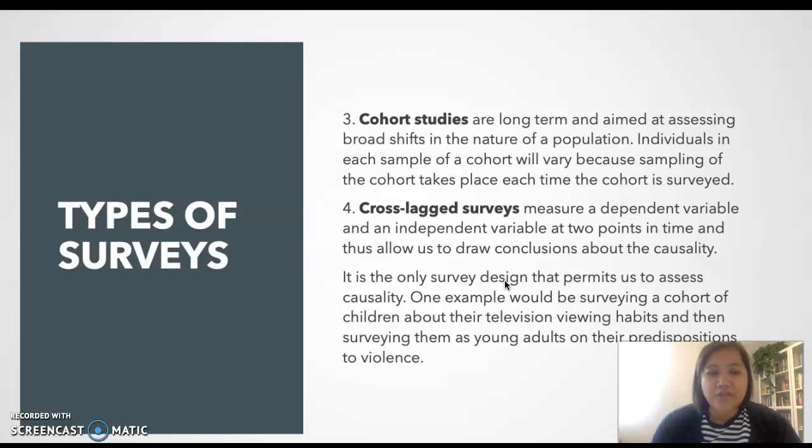And because of this nature of survey, you can actually see the causation between the two variables of playing video games and success later in life.